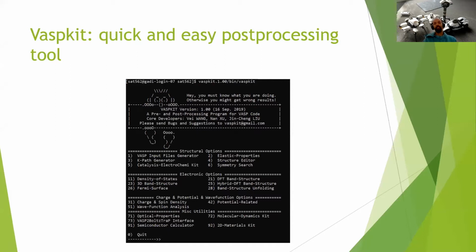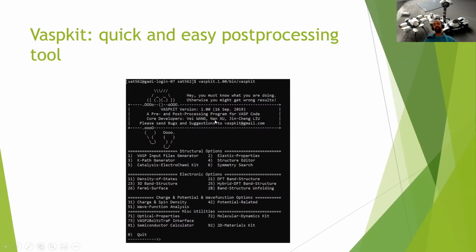So vaskit assists you in plotting the density of states, for example, for your VASP calculation. It's vaskit, so it's for VASP, for post-processing your VASP outputs. And it can also calculate for you the charge and spin density, and the potential, plotting the potential function along the z-axis, for example.